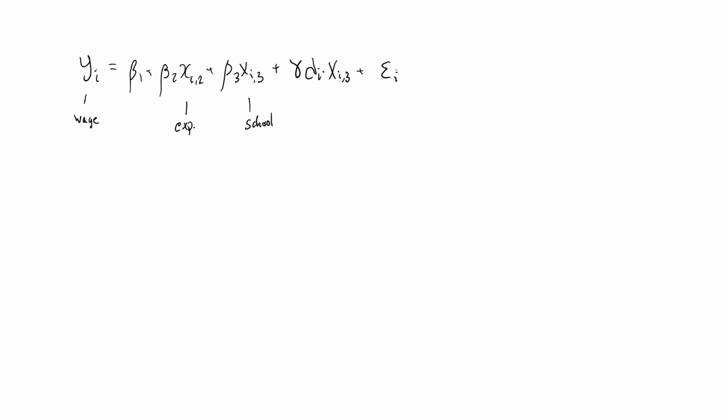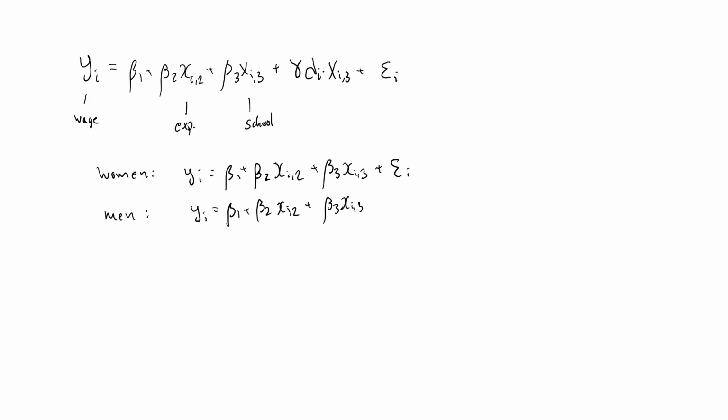So let's look at this regression and see what it evaluates to for the two different groups. So for women, it says yi equals beta 1 plus beta 2 xi2 plus beta 3 xi3, and for women di is 0, so this entire extra term will go away and we just have epsilon i. For men, the beginning is the same, beta 1 plus beta 2 xi2 plus beta 3 xi3.